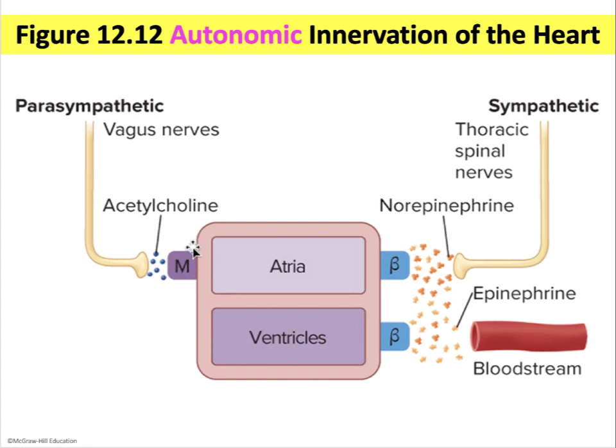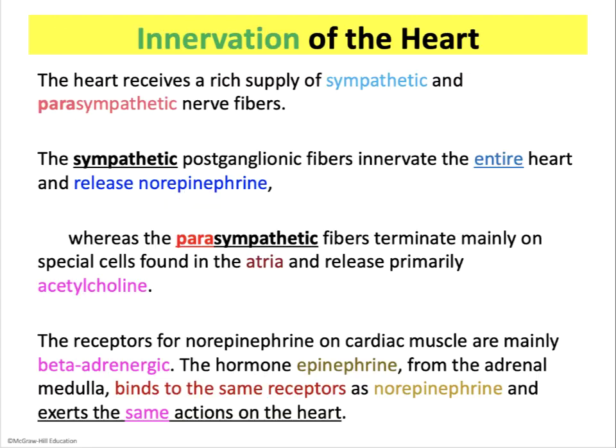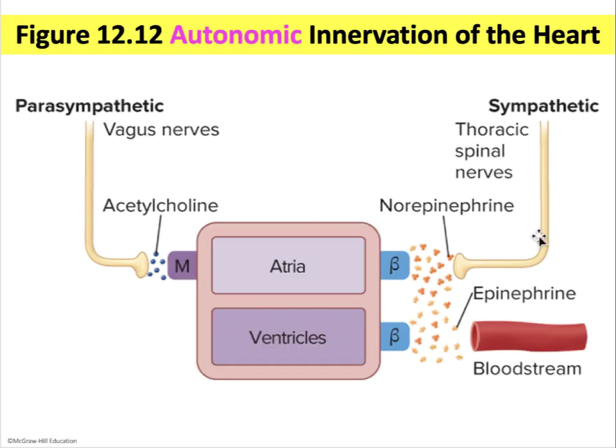All we need to understand is that the parasympathetic nervous system has a small set of cells of the muscarinic type, and the sympathetic nervous system impinges on cells that are beta adrenergic. Incidentally, the heart is also responsive to hormones traveling in the blood, and that would be epinephrine.